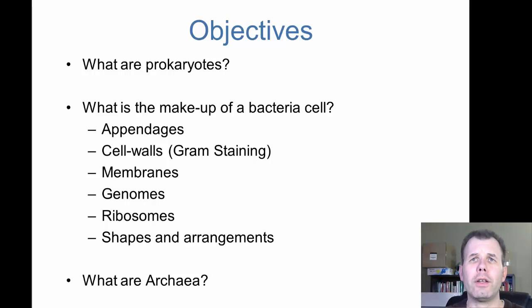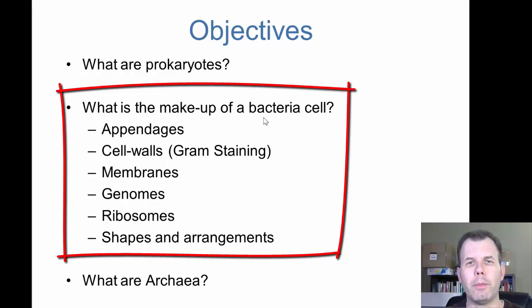We're then going to talk directly about what makes up a bacterial cell. When you think of a bacterial cell, it's actually a very simple cell. There's not much going on on the inside. We're going to talk about some of the appendages they use for locomotion and genetic transfer. We'll definitely be talking about cell walls. This is going to be one of the key stains you're going to be doing all semester.